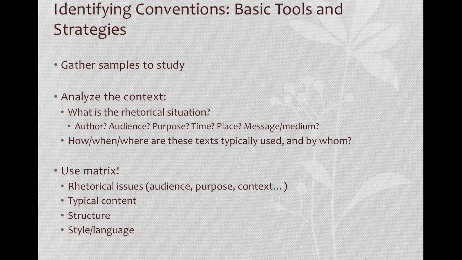So who's the author? Who's the audience that was intended or invoked? What was the purpose that author originally created the text for? What purpose do those users come to the text with? What kind of time and place are these texts typically found in? What kind of text are they?